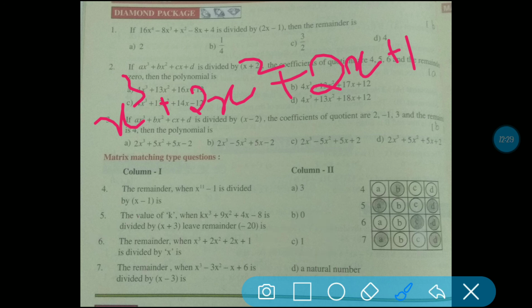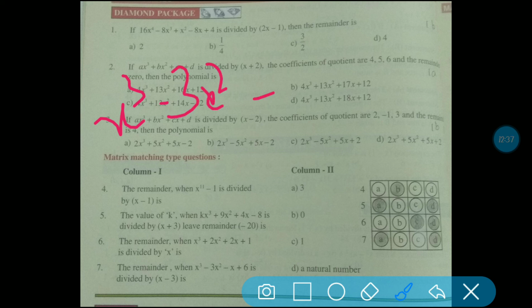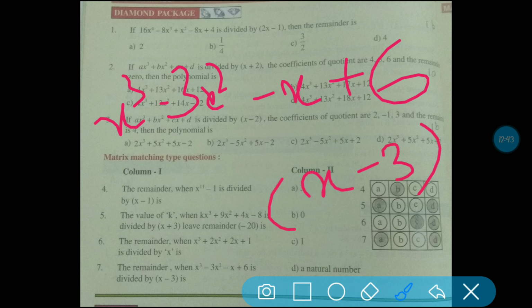The seventh one. The remainder when x cube minus 3x square minus x plus 6 is divided by x minus 3. To find the remainder, the same way, we have to equate it to 0. Minus 3 goes to the RHS and becomes plus 3.